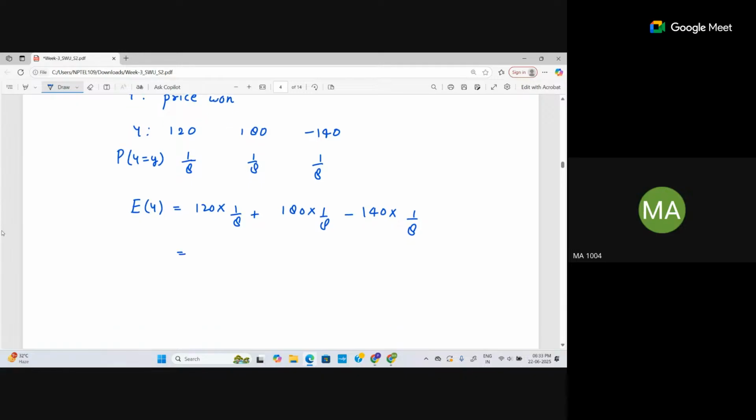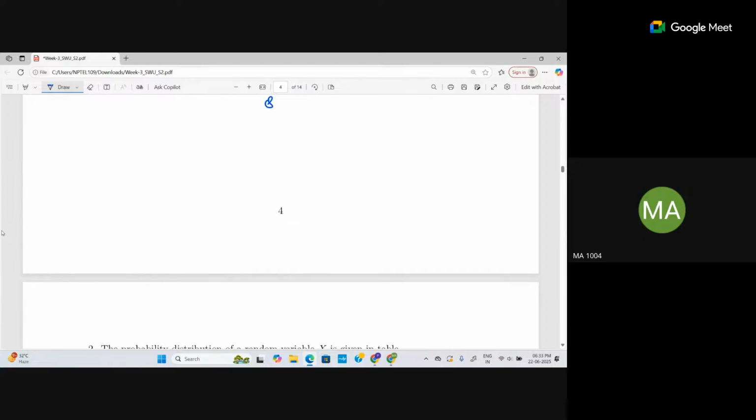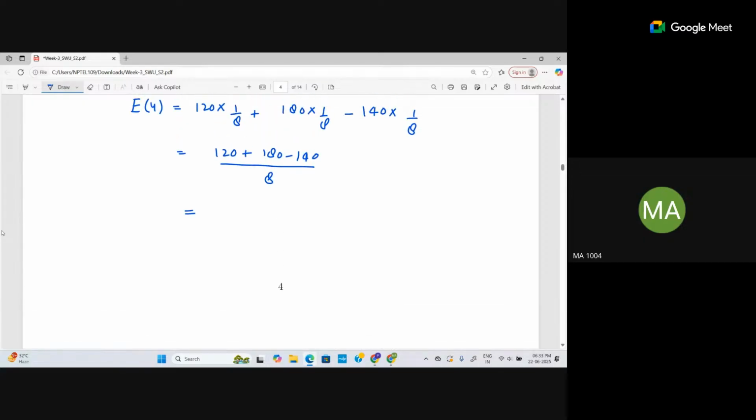When you solve it, what will be the value of it? 20. It is 20. Any doubt in this question?